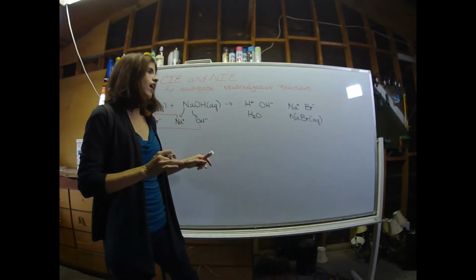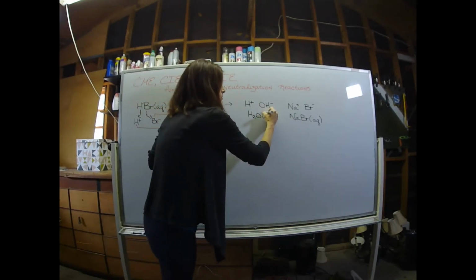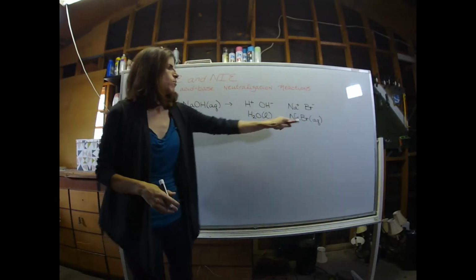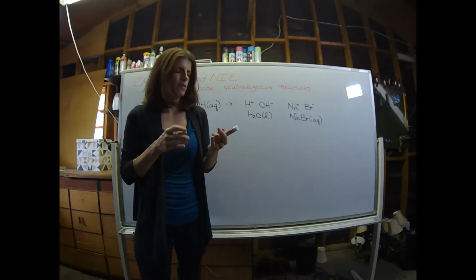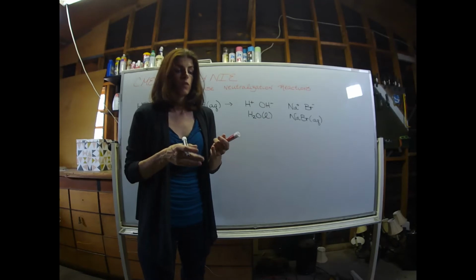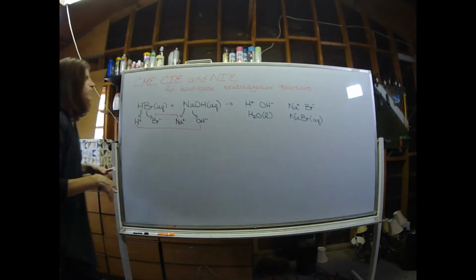Always check the solubility of the other product. Your water is always going to be labeled as a liquid, but the salt, whatever results from the other two ions, could potentially be a solid or aqueous. Check your solubility rules.